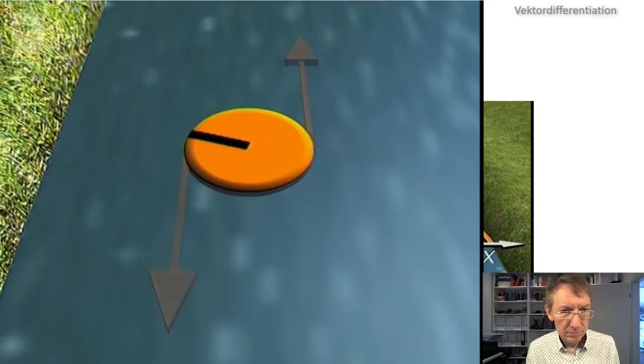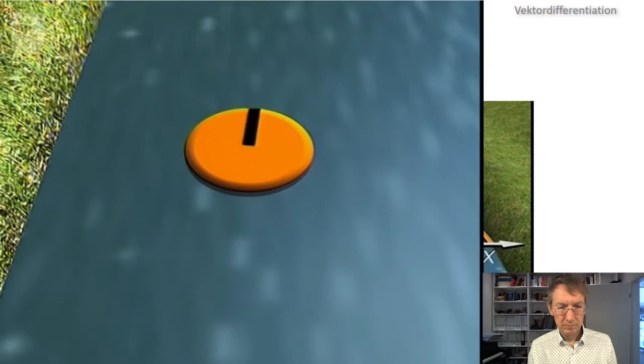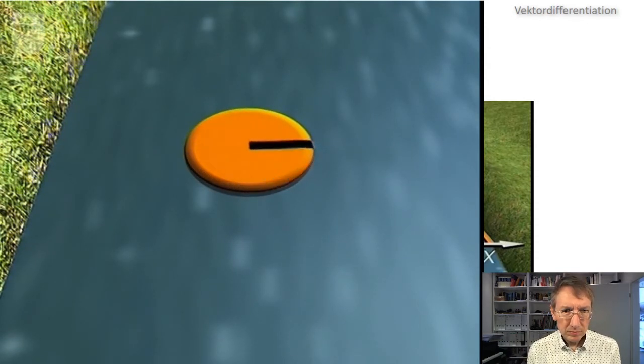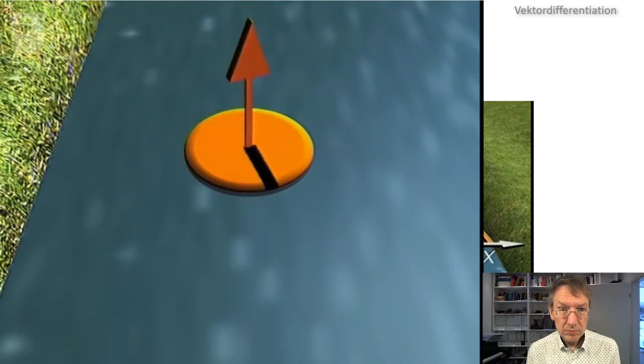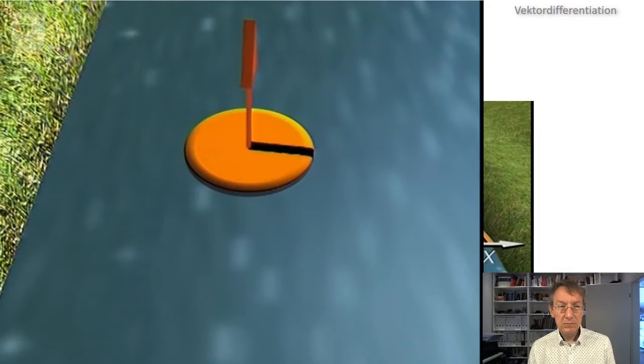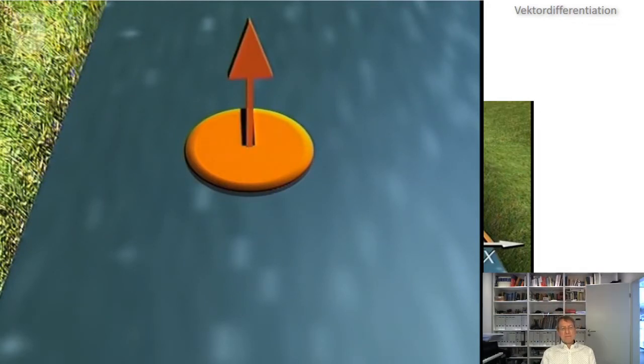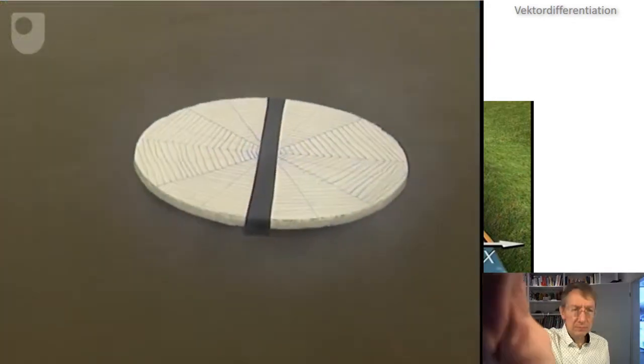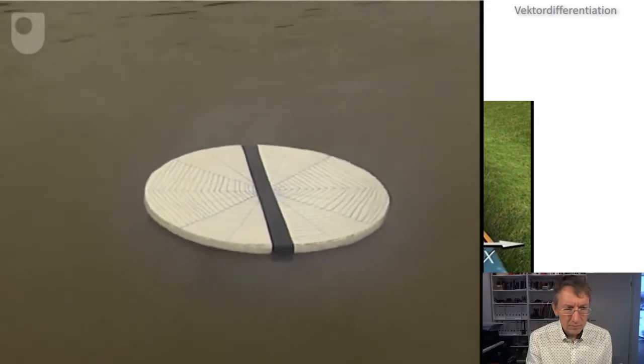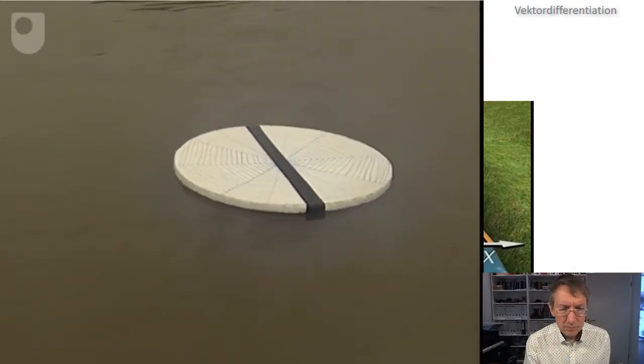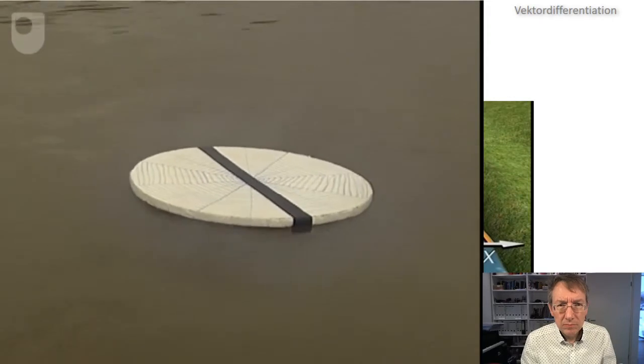This indicates the presence of another vector field, one that describes the magnitude and direction of the rotation at any point in the river. Here, the rotation is anti-clockwise. So using the right-hand rule, the direction is vertically upwards, that is, in the direction of k, the Cartesian unit vector in the z direction. This new vector field is called the curl of v, or just curl v.